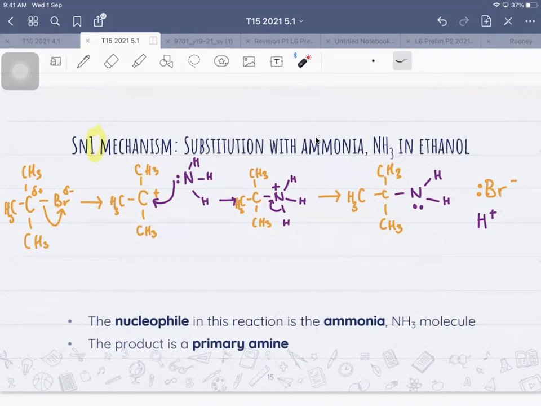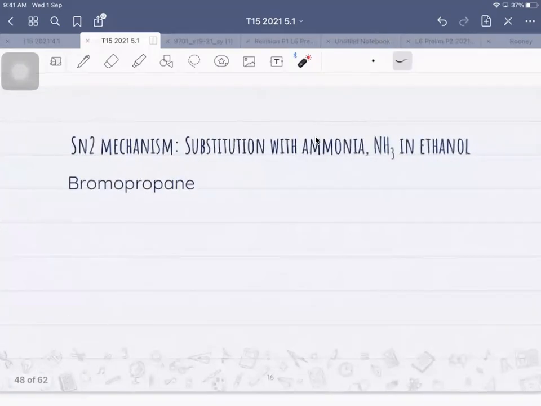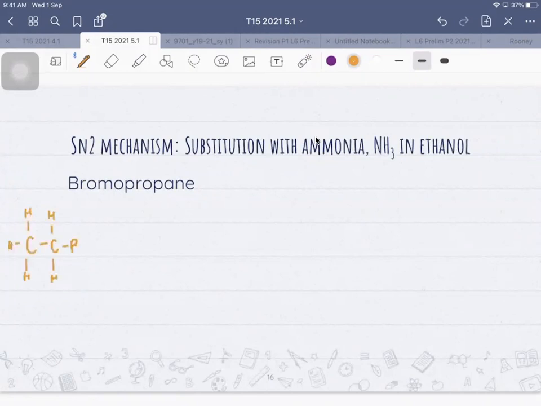Okay, good. I would like to finish the SN2 mechanism just before we go. We've got about 10 minutes left. Okay, right. So for SN2 mechanism, we're going to use bromopropane. So I usually use the same example, but you know that this can work with other halogenoalkanes as well.